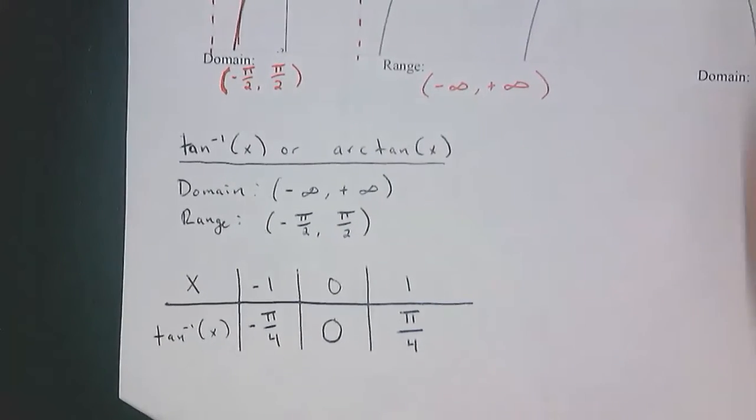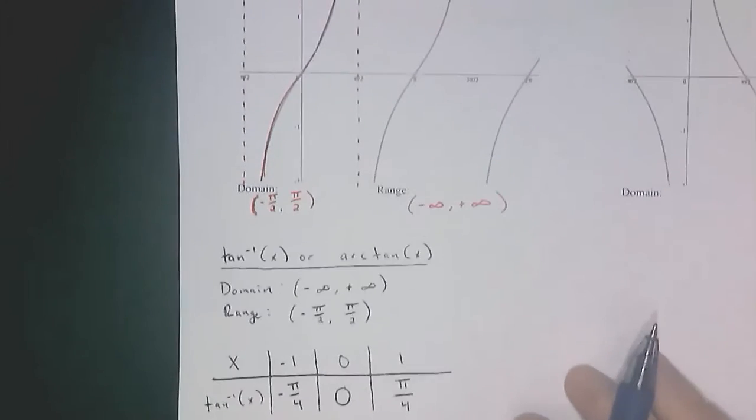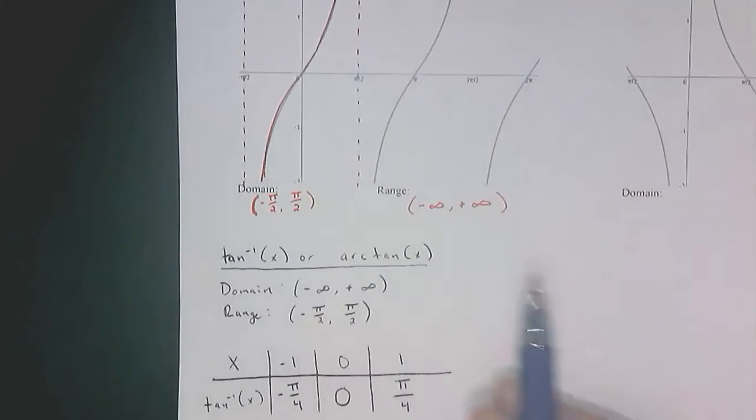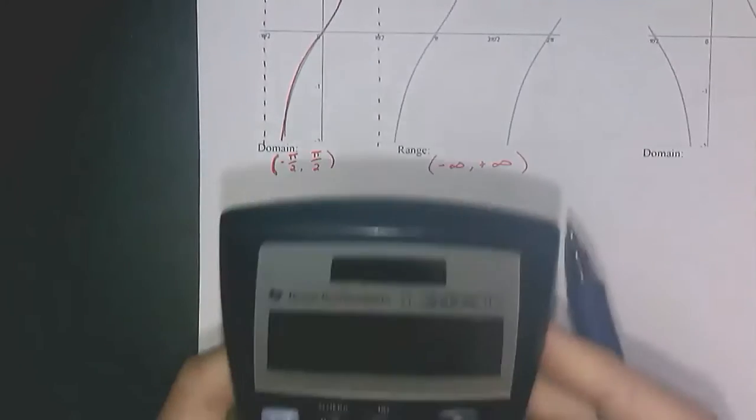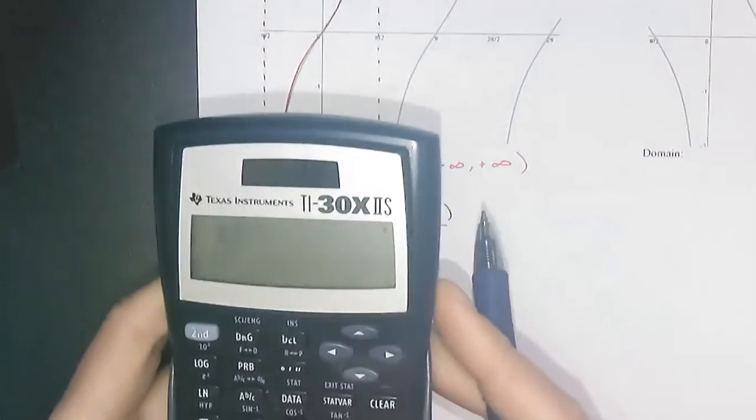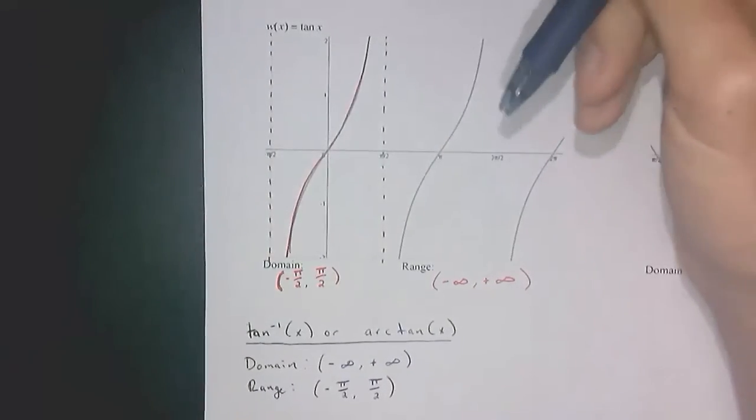We do have this awkwardness of our axes being a little bit off, so we're going to have to adjust as we go. Pi over 2 is 1.57.